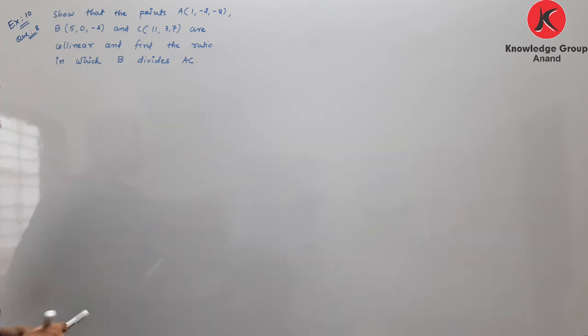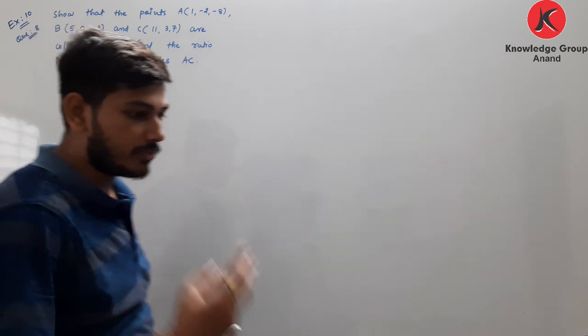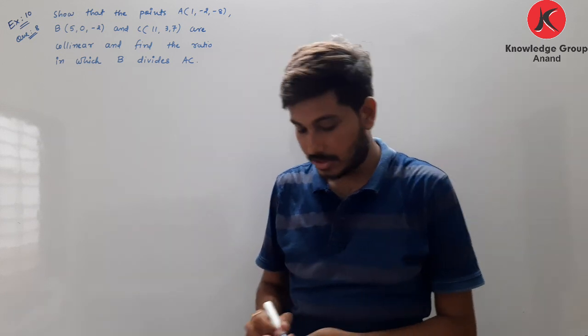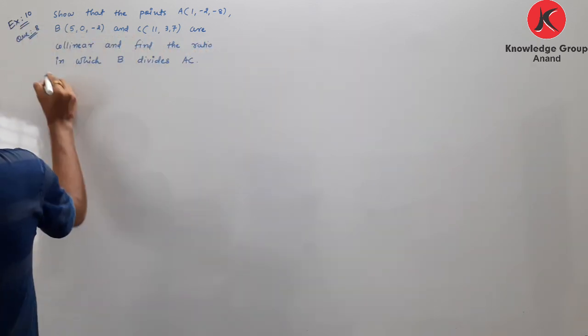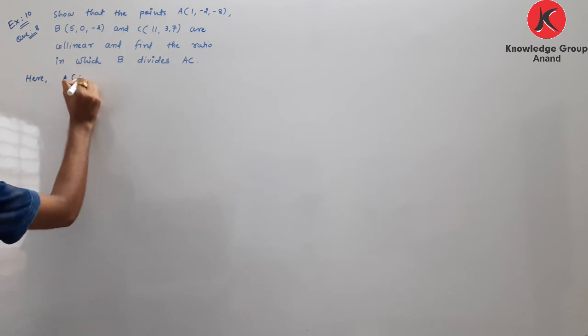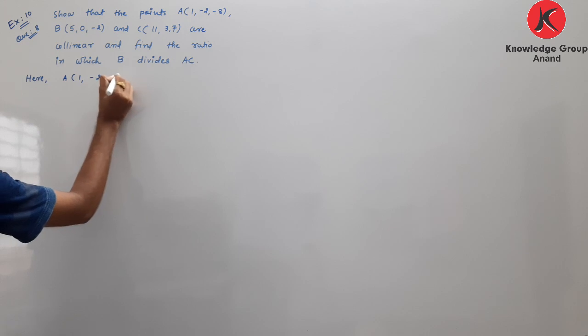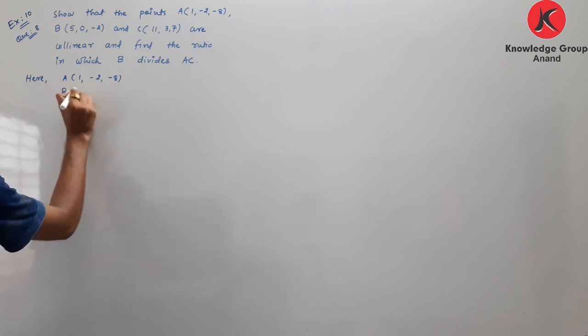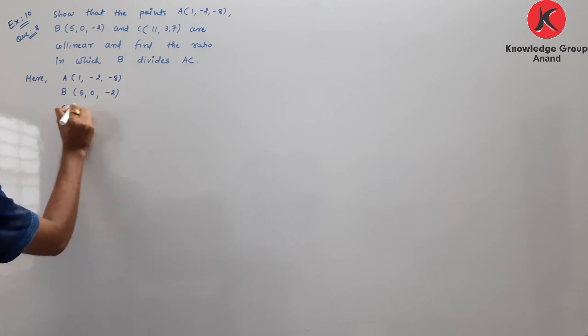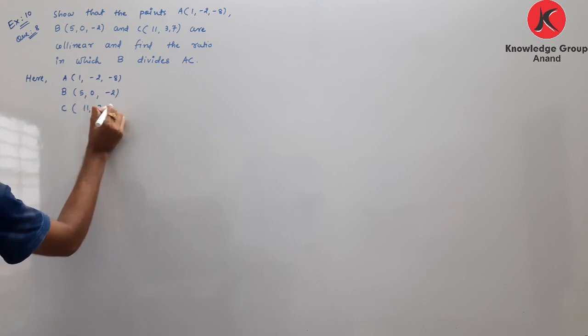If the points are collinear, then the sum of any two distances equals the third distance. Here 3 points are given: point A having coordinates (1, -2, -8), B (5, 0, -2) and point C (11, 3, 7).